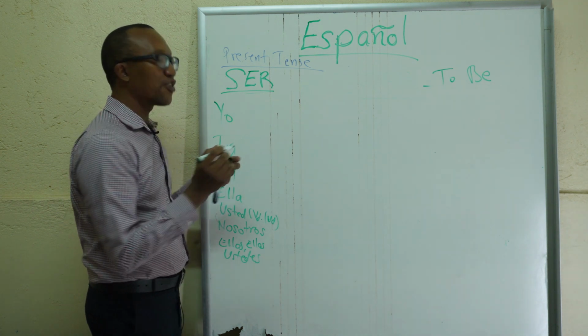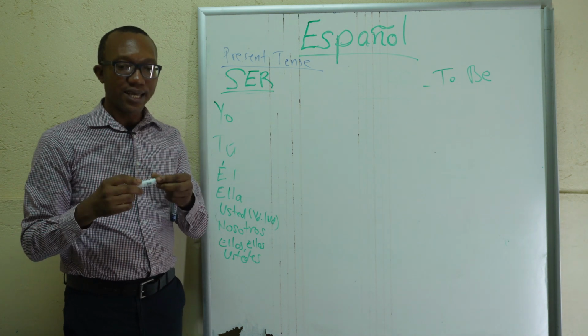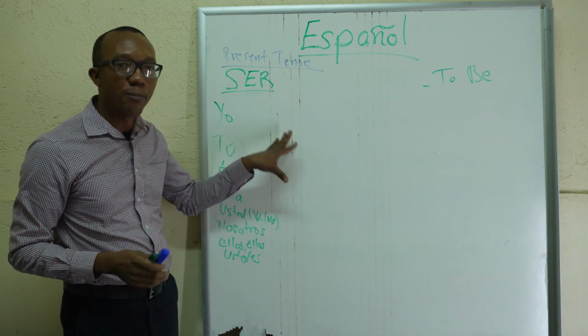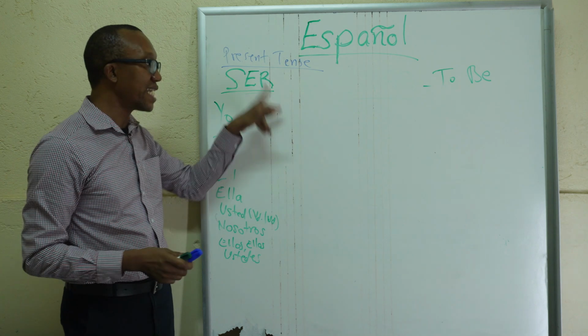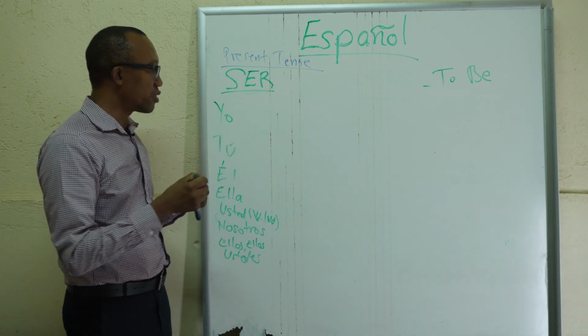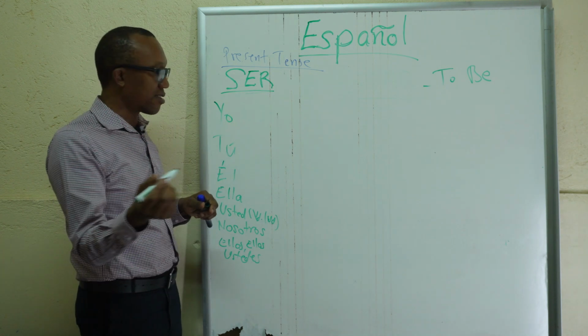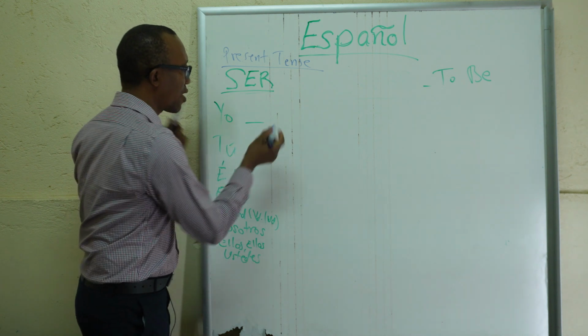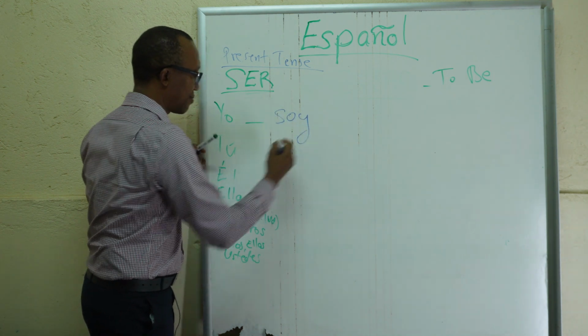And very important that you know the forms, because in Spanish-speaking countries, they rarely use the pronouns. They use the forms of the conjugated verb in whatever tense, which will tell you who is being referred to or being talked about, and who is talking. So for yo, we're going to have soy.